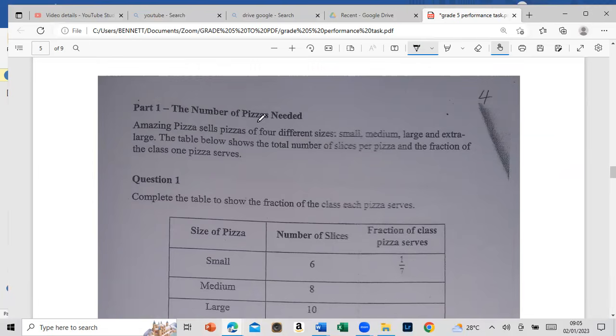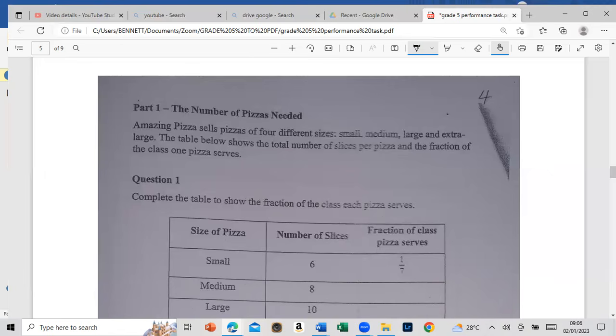All right, so the number of pizza needed. Amazing Pizza sells pizza of 4 different sizes: small, medium, large, and extra large. The table below shows the total number of slices per pizza and the fraction of the class 1 pizza served. Complete the table to show the fraction of the class each pizza serves.